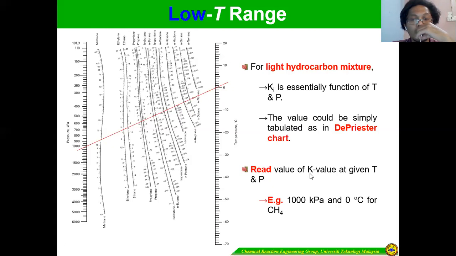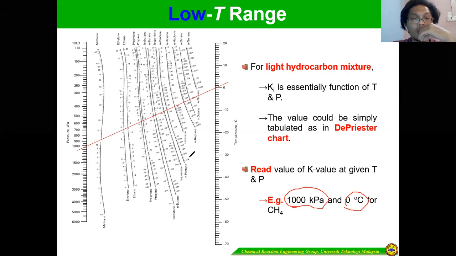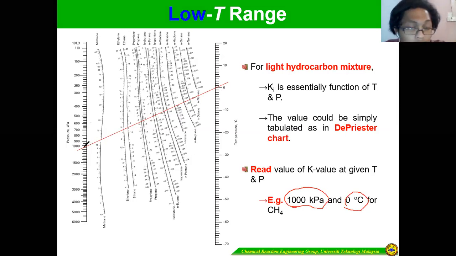So read the K value at a given temperature and pressure. How can we read this one? If there is 1000 kilopascal and 0 degrees C, you just make a straight horizontal line from 1000 kilopascal, and from 0 degrees C, so we can read the K value.